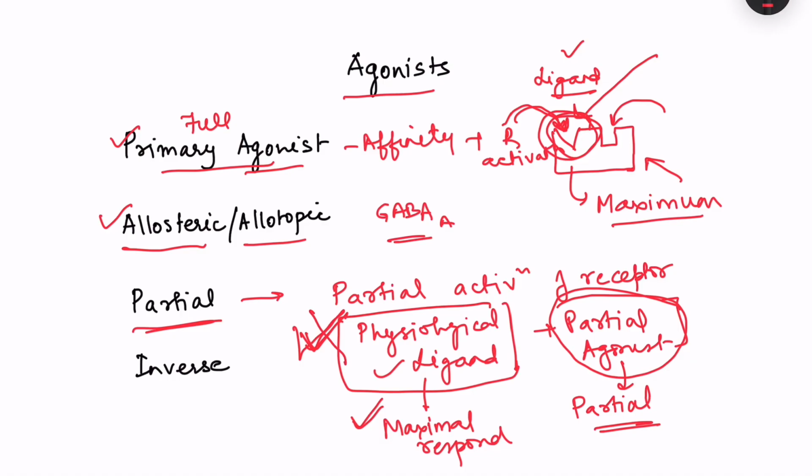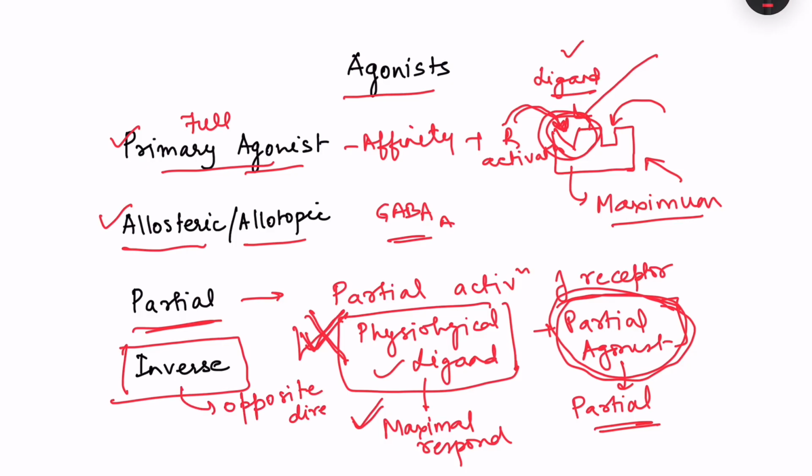However, in absence of this physiological ligand, because this partial agonist will produce some response, it is known as an agonist. Then we have the inverse agonist. An inverse agonist will produce the response in the opposite direction. Basically there are certain receptors in the body which are constitutively active, that means active without the binding of the ligand.